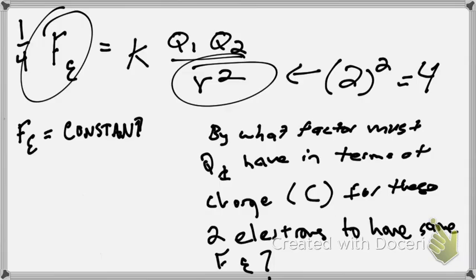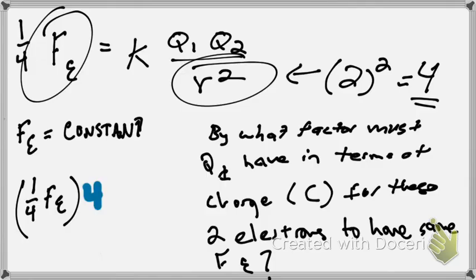Well, the best way to solve that is to realize that if the force has decreased by 4 because we have squared the distance, which caused the electrostatic force to decrease by 1/4, then in order to negate that 1/4, we have to multiply 1/4 of the electrostatic force by 4 to get back to the original value of Fe, right?